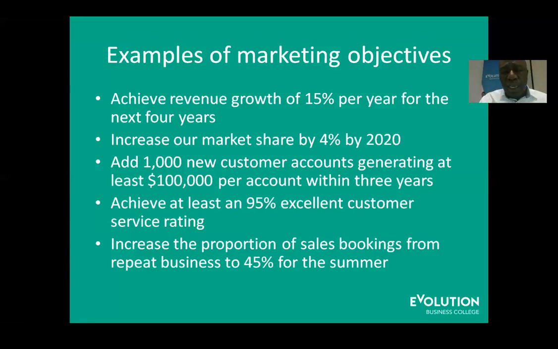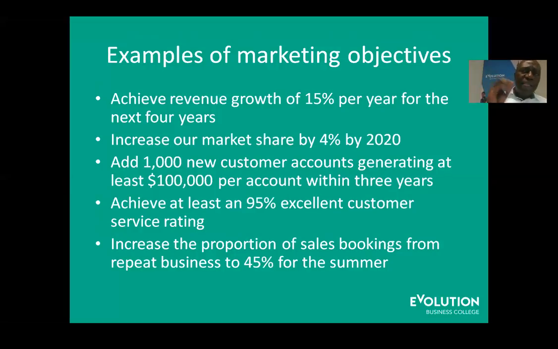If you've chosen, for instance, Samsung, you look at what their marketing objectives are. Here are some of them. It could be to achieve revenue growth of 15% per year for the next 4 years. That's a marketing objective. What do we mean by objective? This is what the company is going to spend money to achieve.